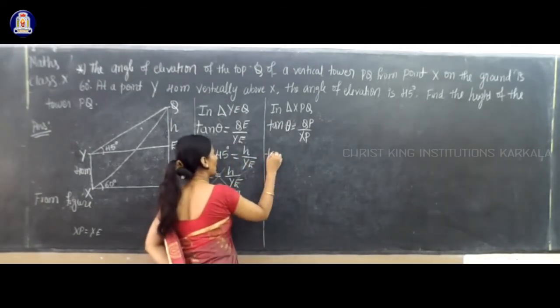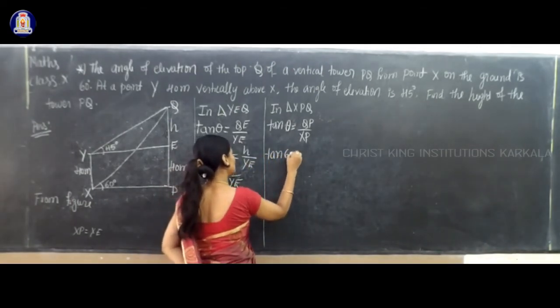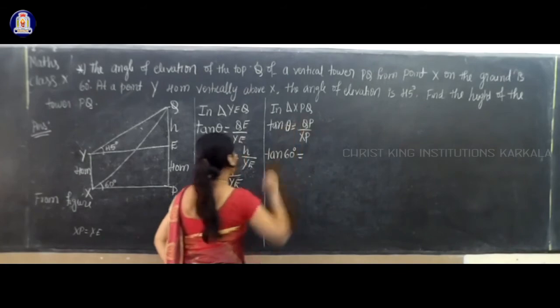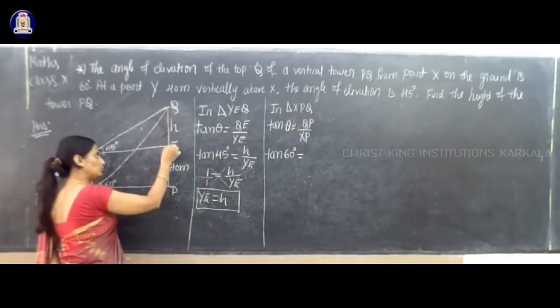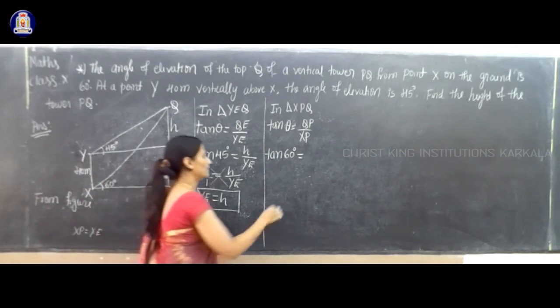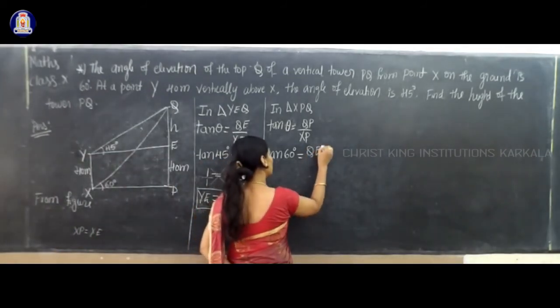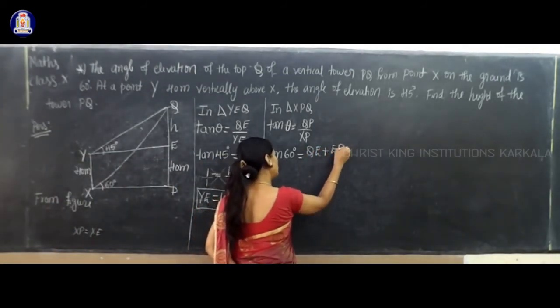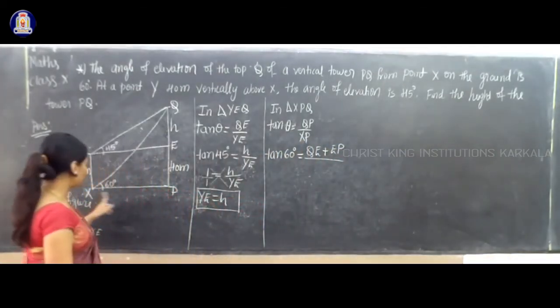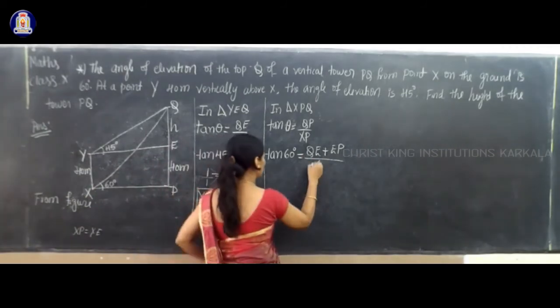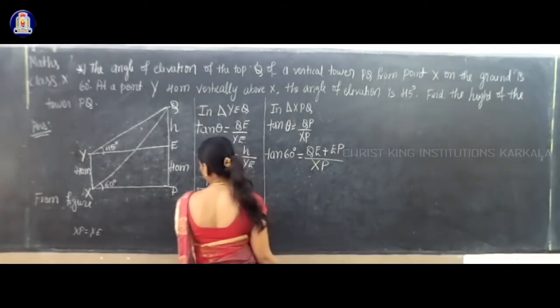So tan 60 is equal to QP, and QP can be written as QE plus EP, divided by XP. XP is not given, so keep it as it is, XP.